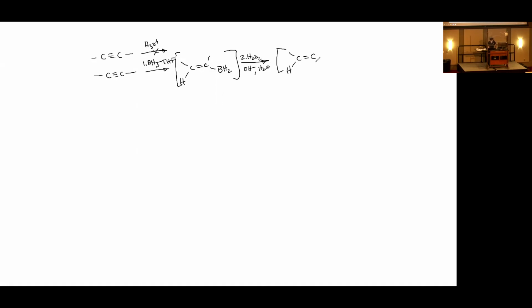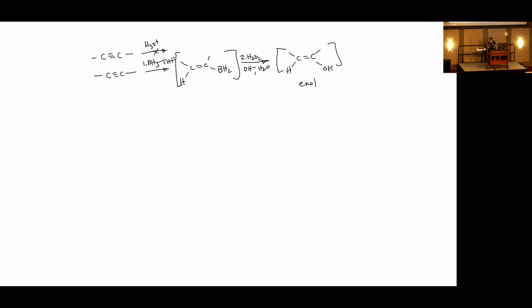You just put your CO bond with the OH group right where the carbon-boron bond is. This type of structure is known as an enol. I'm using a picture as a definition: an enol is a compound that's an alkene with OH coming off of one of the alkene carbons.